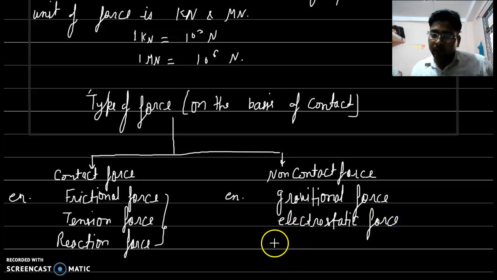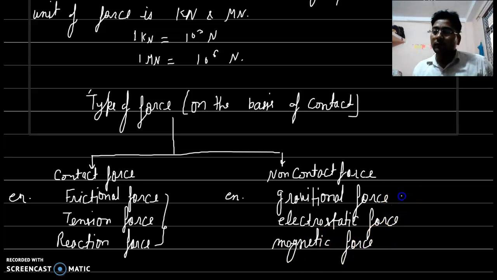Next is magnetic force. Hence, gravitational force, electrostatic force, and magnetic force is a type of non-contact force.